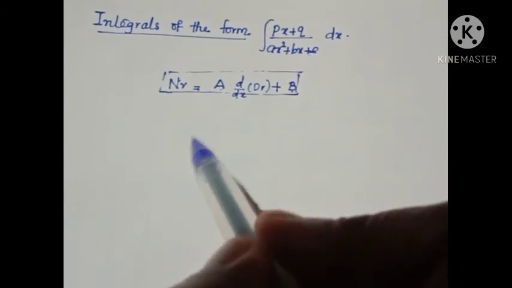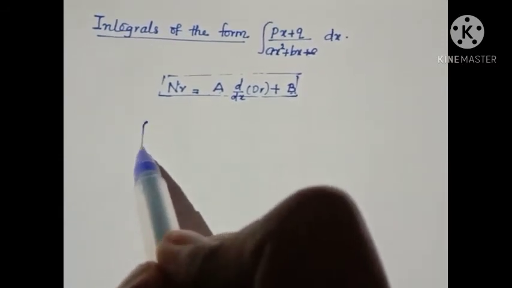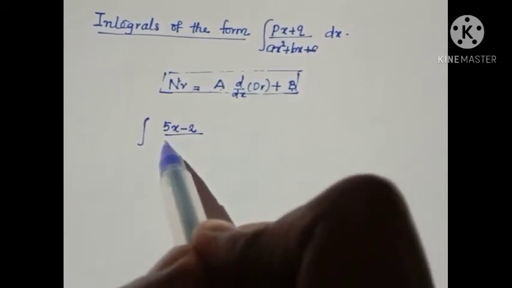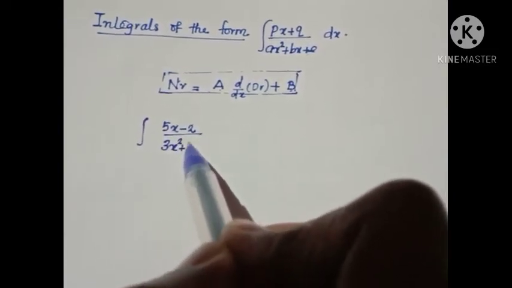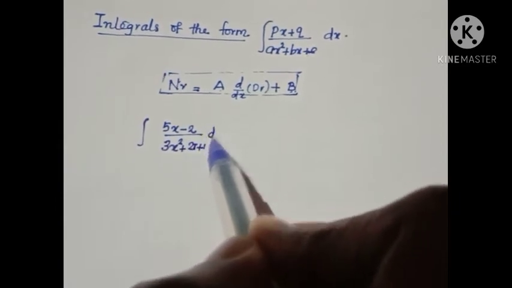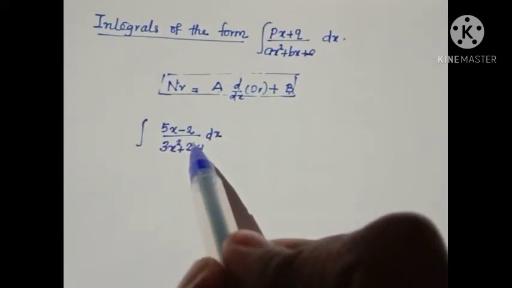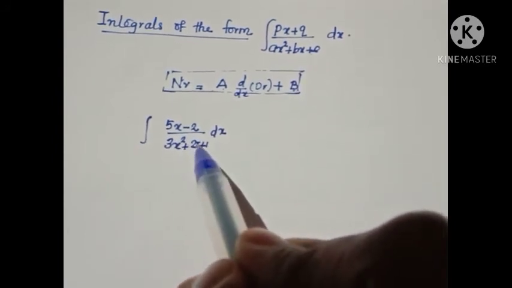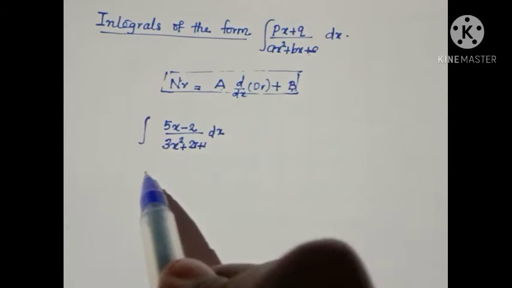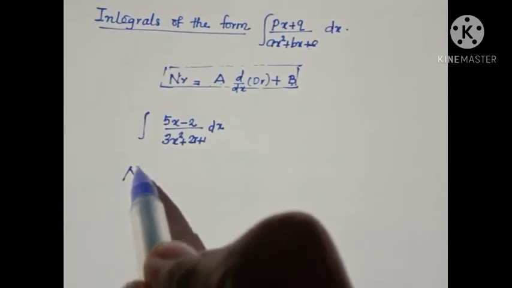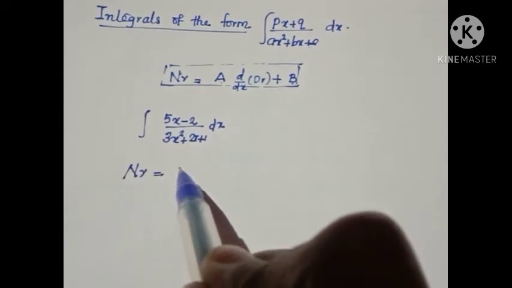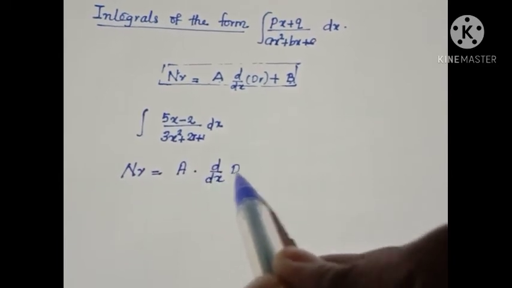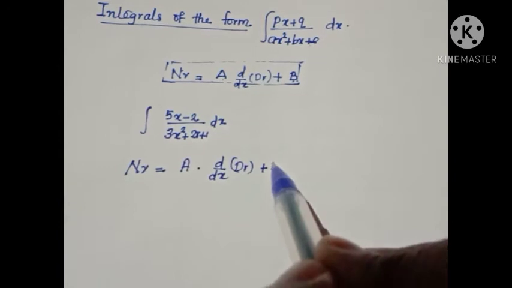Okay, let's see an example. Suppose we have the integral (5x − 2) by (3x² + 2x + 1) dx. This is of the form (px + q) by (ax² + bx + c). The first step is to convert the numerator as a times the derivative of the denominator plus b.